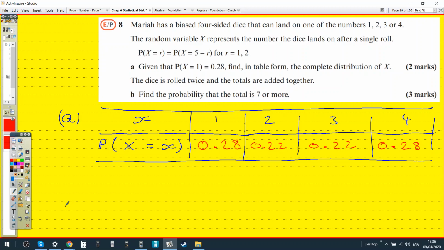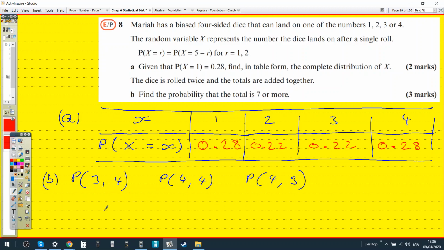No. So it can only be successful if it's 3 and 4, or 4 and 4, or 4 and 3. Very good.